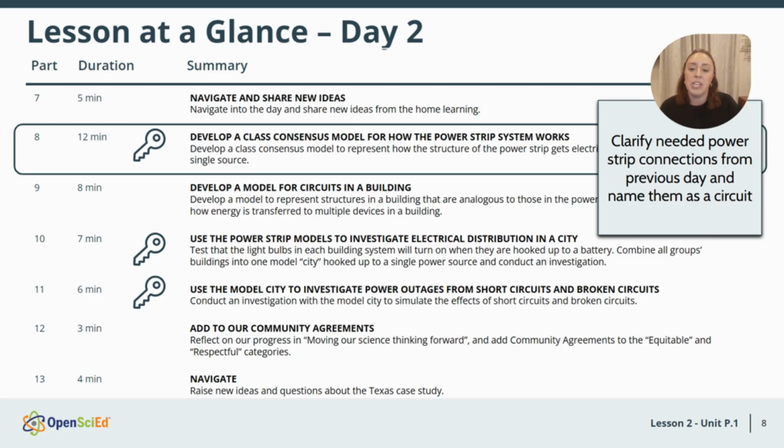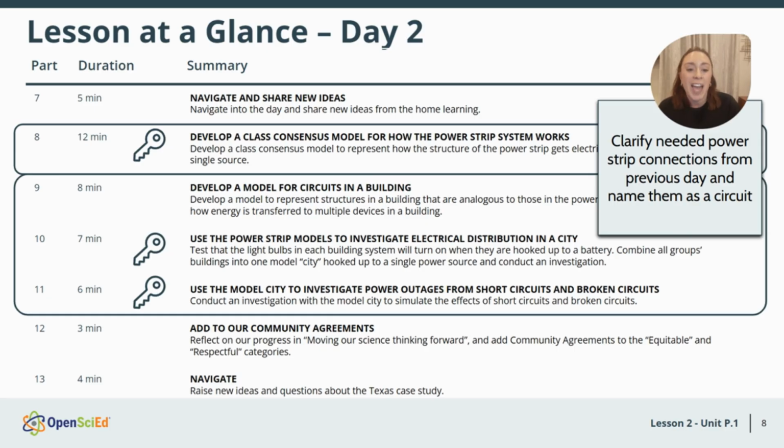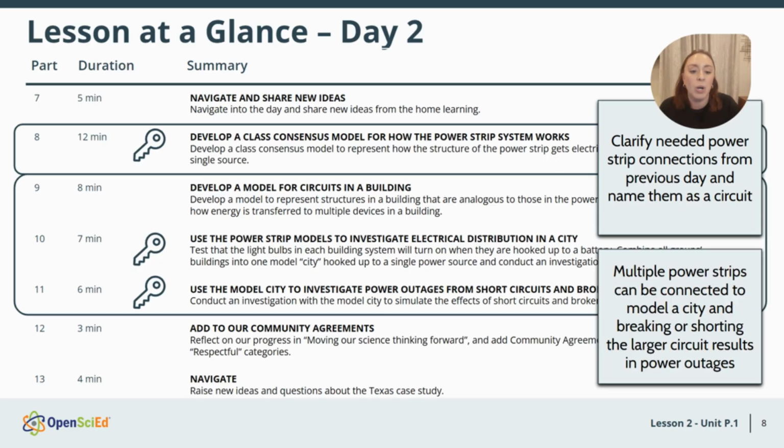From here, we think about, okay, if our circuits were to represent parts of the building that we could not see, then can we just combine our circuits together and actually model an entire power grid system? So our third and final sense-making opportunity for students comes when we take our power strips, our class set, and connect them all together and model a city.